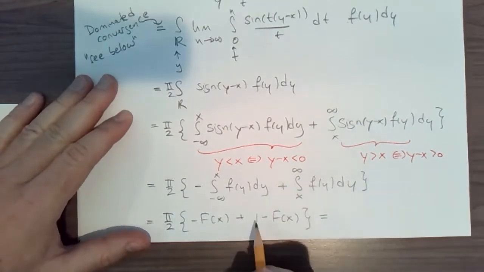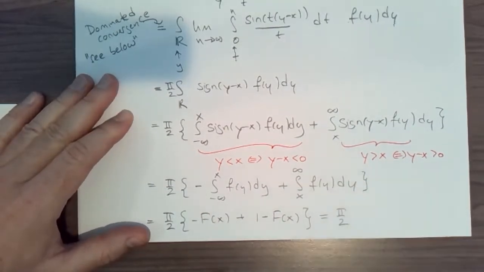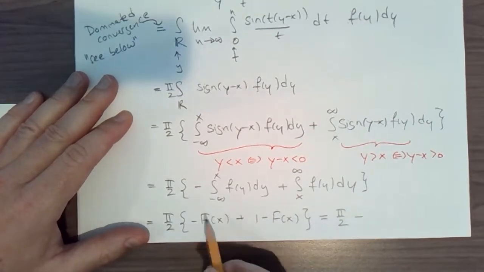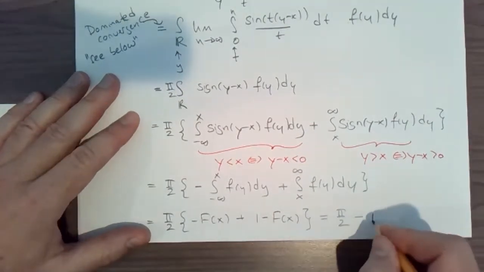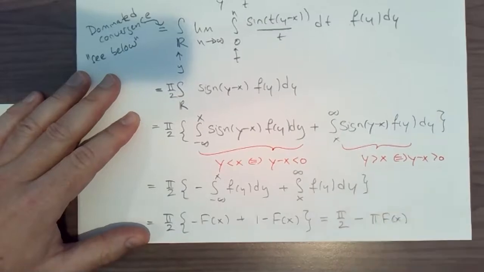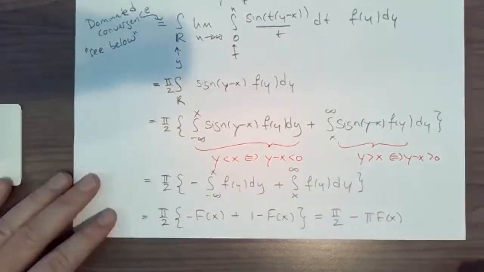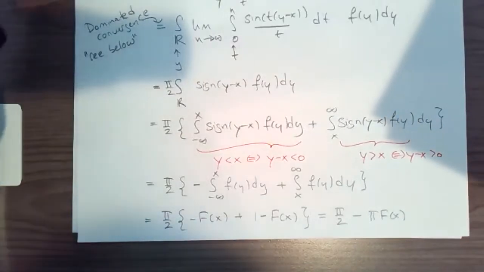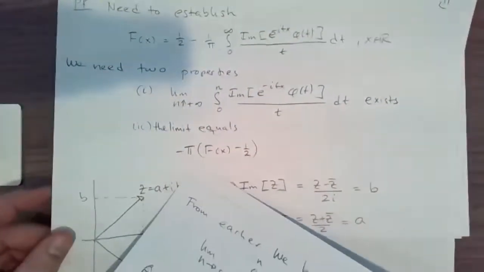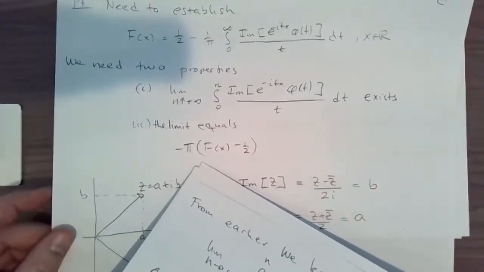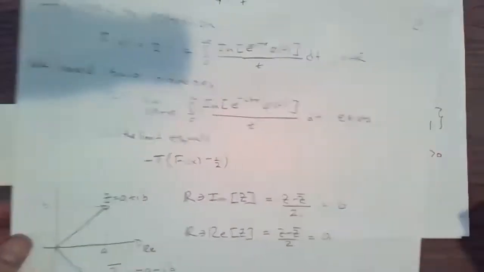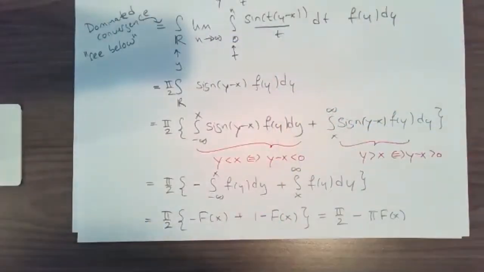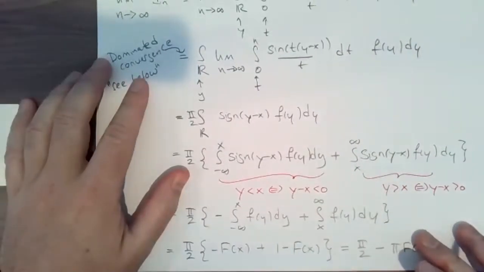So this here will be pi over 2 minus pi f of x. And this is what we were hoping we would get. That was our goal. So the proof is complete now, up to using dominated convergence, right?